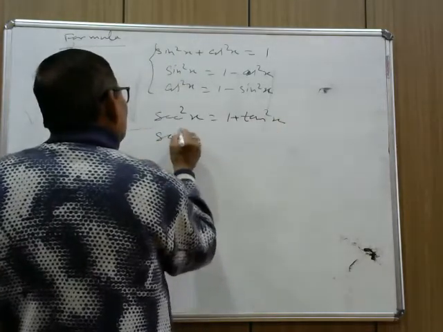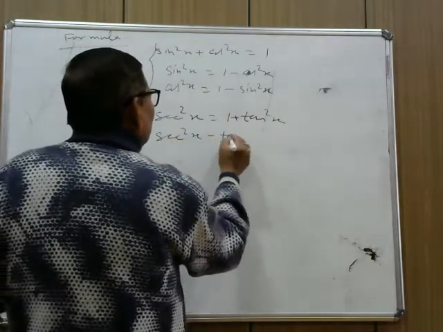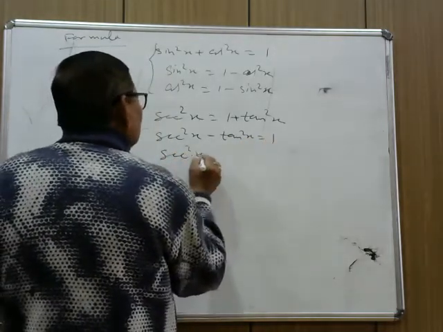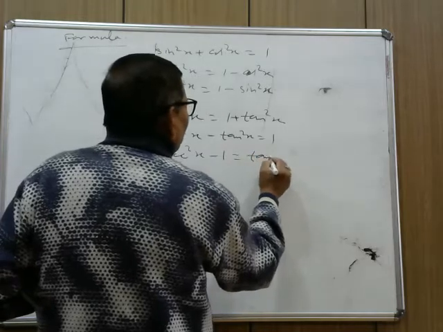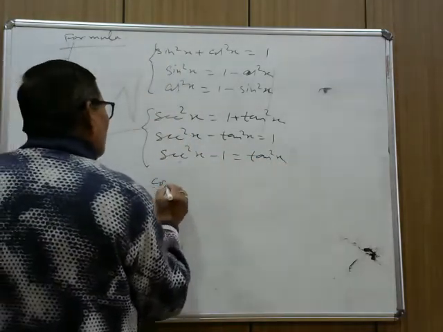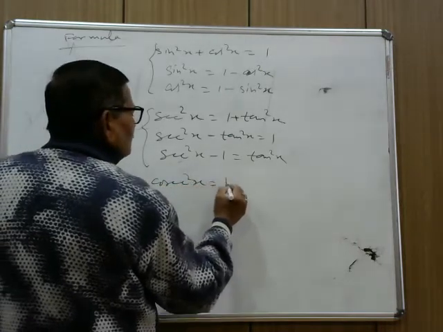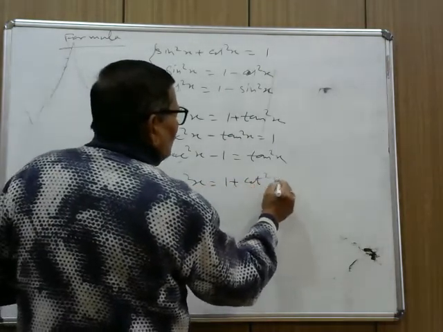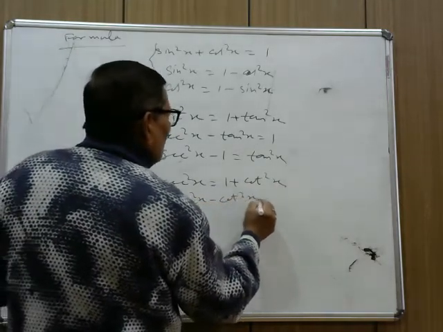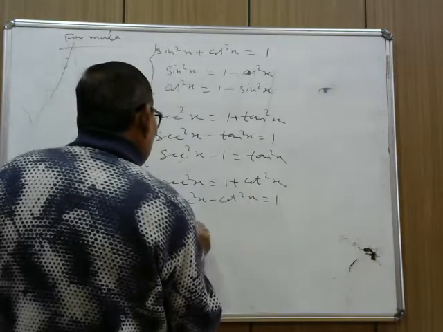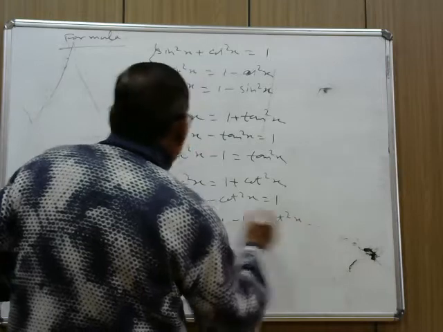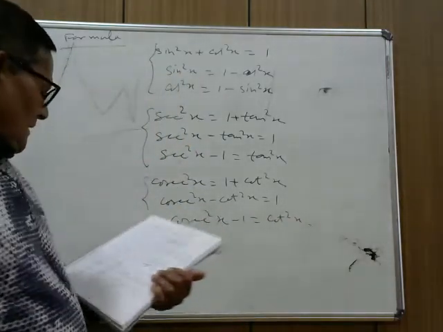From here you can write sec square x minus tan square x is equal to 1, and sec square x minus 1 equal to tan square x. That is your same formula. And now another is cosec square x equal to 1 plus cot square x, so cosec square x minus cot square x is 1, and cosec square x minus 1 equal to cot square x. This is another.